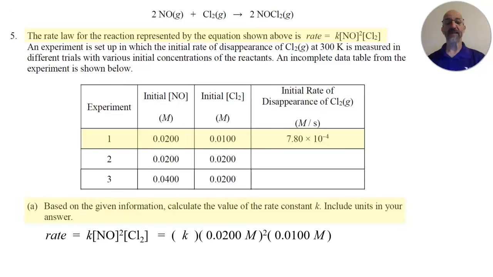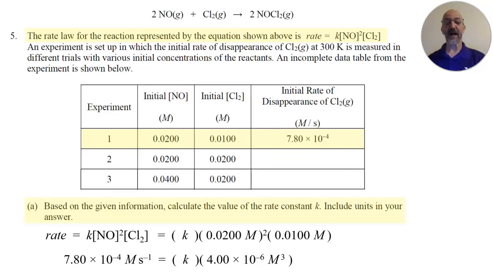And then I also have the initial concentration of chlorine, which is 0.0100 moles per liter. Now, when I do that math on the right side of the equation, 0.02 squared times 0.01, I get 4.00 times 10 to the negative 6, and so far, my units on that side of the equation are molarity cubed, because I have molarity squared times molarity.